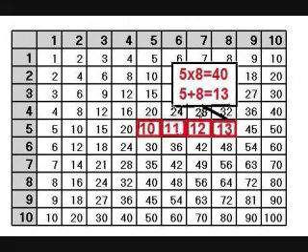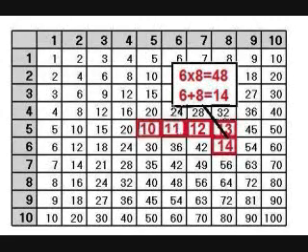I hope you're noticing a pattern here. We come to 5 times 8 next, and 5 plus 8 equals 13. Interestingly, we've taken 3 steps away from 10, and we're at 13.